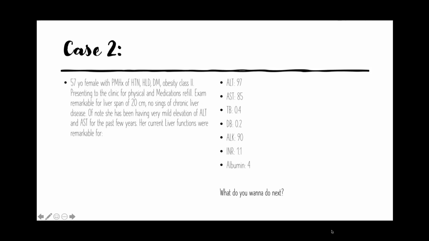Sure. This is a 57-year-old female with past medical history of hypertension, hyperlipidemia, diabetes, obesity class 2, presenting to the clinic for a physical and medication refill, remarkable for a liver span of 20 centimeters, no signs of chronic liver disease. Of note, she has been having very mild elevation of ALT and AST for the past few years.